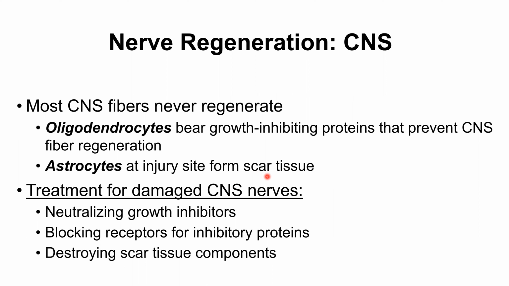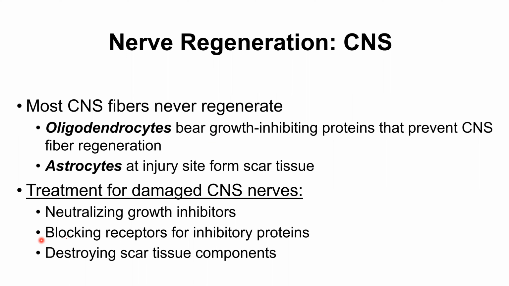Now, some potential ways that we can get around it as healthcare professionals. One potential way to do this is to neutralize those growth inhibitors. So basically, what I mean here is we're going to just block these growth inhibiting proteins, so that we can potentially allow these oligodendrocytes to make their repairs.